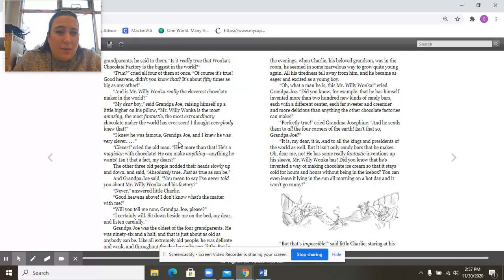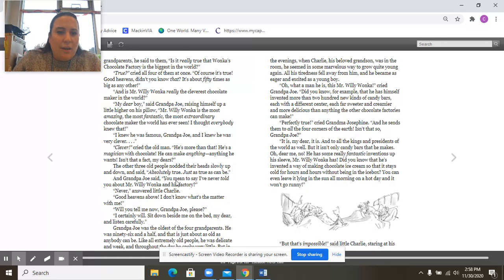"I knew he was famous, Grandpa Joe, and I knew he was very clever." "Clever!" cried the old man. "He's more than that. He's a magician with chocolate. He can make anything he wants. Isn't that a fact, my dears?" The other three old people nodded their heads slowly up and down and said, "Absolutely true, just as true as can be."